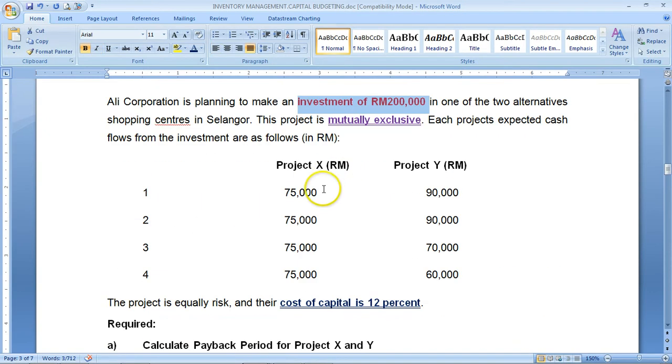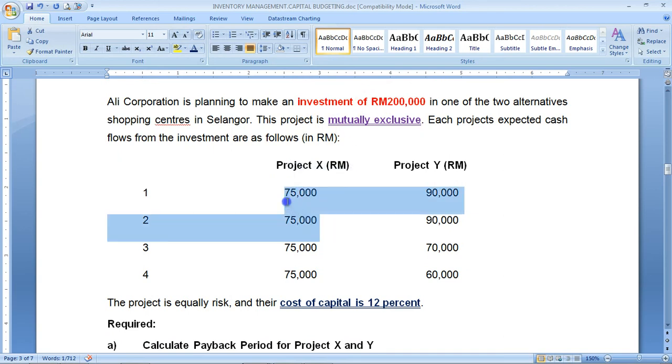So is 75,000 enough to cover your IO? No. 75 plus 75, you just cover only 150. You want 200,000 to cover back your initial outlay. So when it comes to year 3, 75 plus 75 plus 75, is it higher than 200,000? Yes, that means you choose N as year 3.